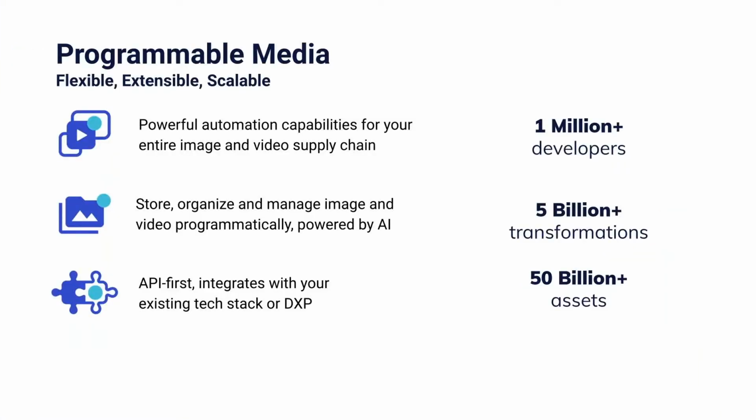So we have programmable media. For those who are not familiar with programmable media, let's have a quick overview of how it can help. Programmable media is our core offering for developers. It's our API-based product that enables developers to build engaging visual experiences at scale for their websites and apps by enabling them to automate manual repetitive tasks associated with images and videos.